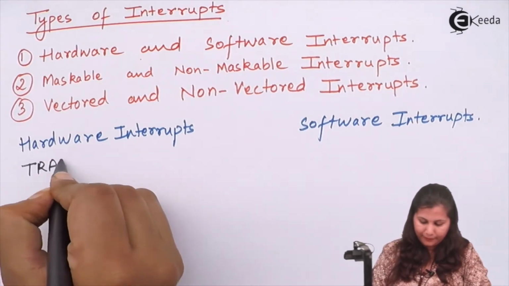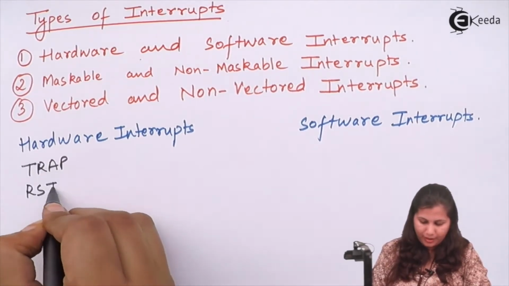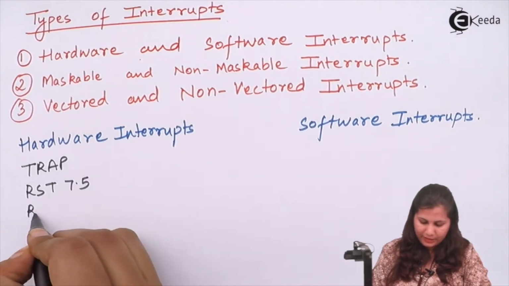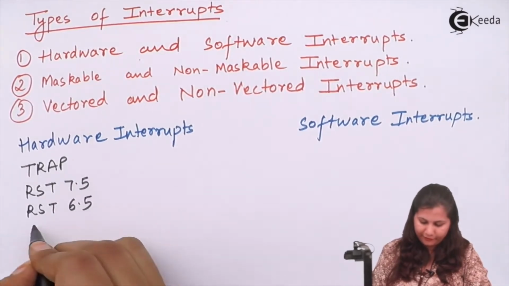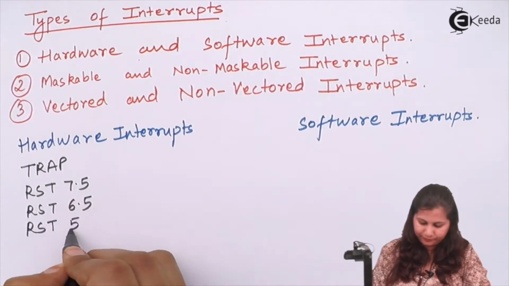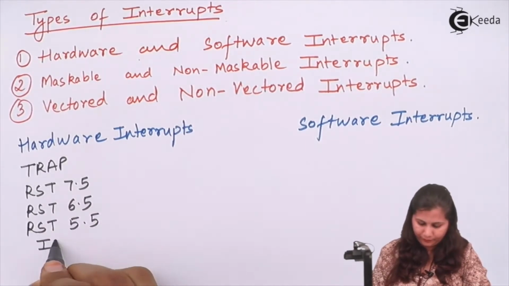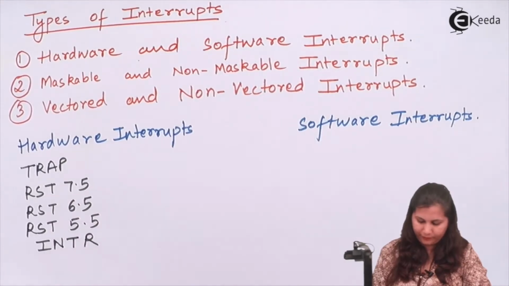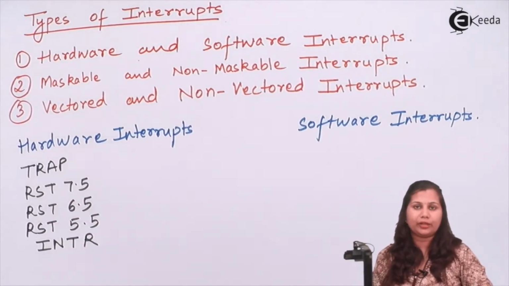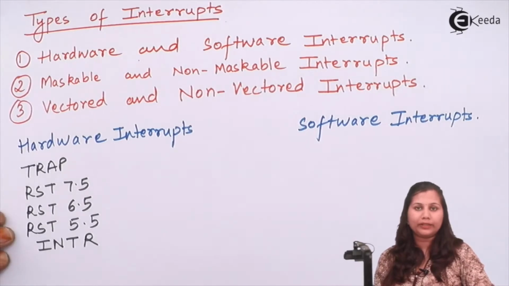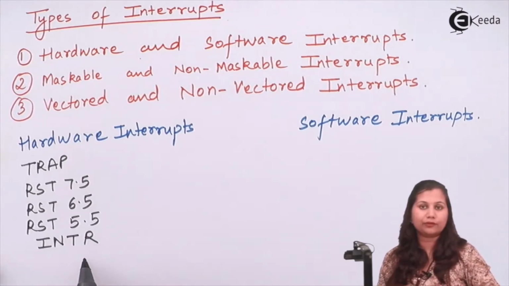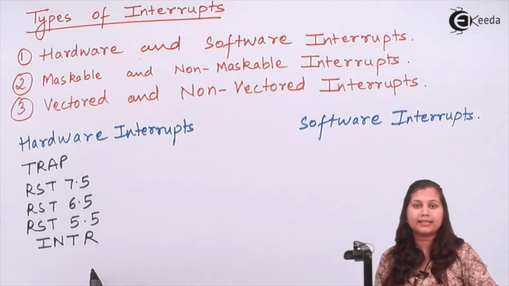Under the category of hardware interrupts, we have TRAP, RST 7.5, RST 6.5, and so on. These are some of the interrupts in 8085 which come under the category of hardware interrupts. These interrupts are provided to the 8085 through some external circuit or some signal, like INTR. Its full form is interrupt request. This is a signal.